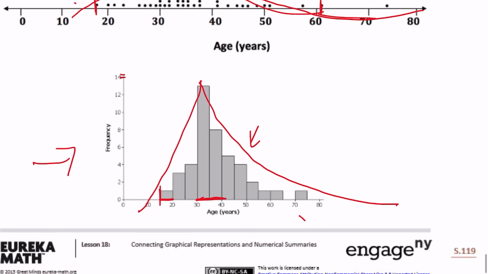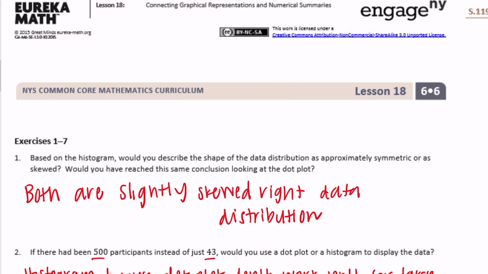We could also see that the oldest runner here is 74, and on the histogram we don't know that they're 74. We just know that there is one of them and that they're in between 70 and 75, but we don't know how old that person is. So we can see the minimum and the maximum.